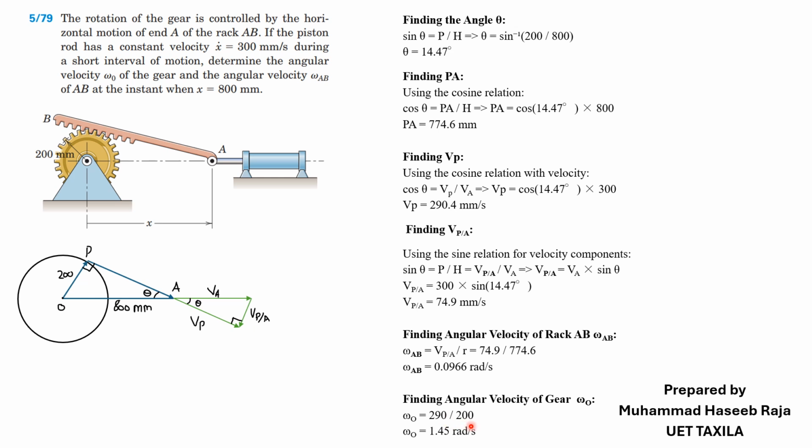So by dividing this we found the angular velocity of the gear, 1.4 radian per second.